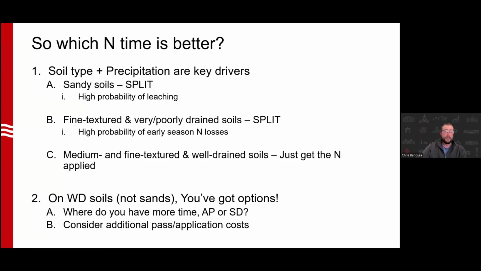You can bump it to in season, right? If you have the right equipment, if the co-op or your neighbor, whoever has the right equipment to go in over the top of V5, V6 corn, you can certainly bump it to later in the season. So it just gives you some flexibility on these well-drained soils to just pick which one works best. But do just keep in mind to consider the additional application costs if you're doing a split where you're applying more than one time.